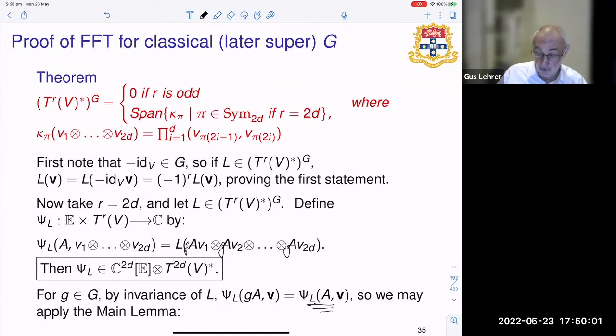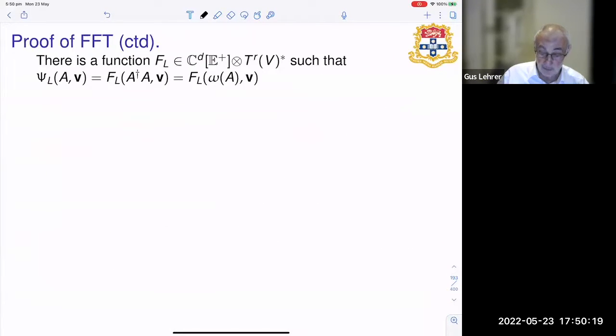So for each bold V, you have one of these functions that occurs in the main lemma. Namely, you have a function which is invariant under G on the whole affine space of endomorphisms.